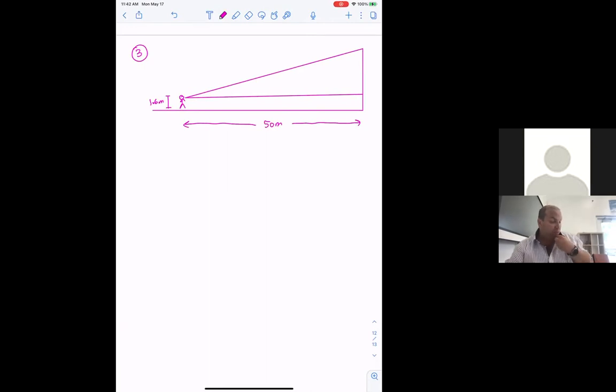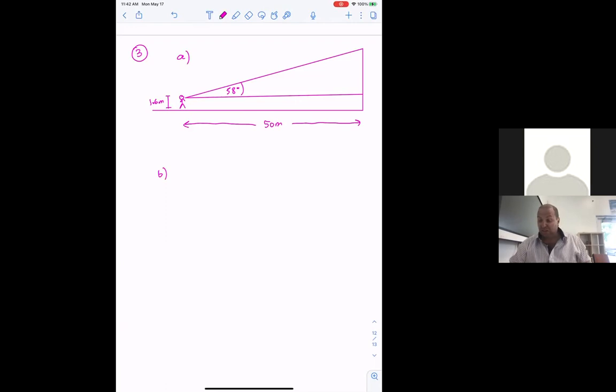Again, the angle between the line connecting her eye and the top of the cliff and the horizontal, that's 58 degrees. A, draw a diagram representing the situation. So I did that one for you. But B, it says find the height of the cliff. As always, pause, solve, check.